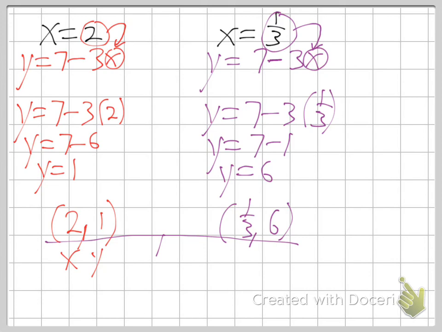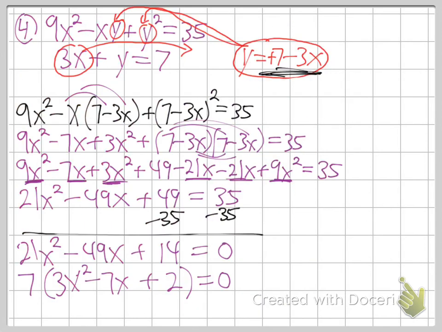Hey, why did we get two answers there? Let's look back at the original question and see if we would have expected those two answers. This first equation, graphically, what kind of graph is happening behind the scenes there? It's got x squared and y squared.